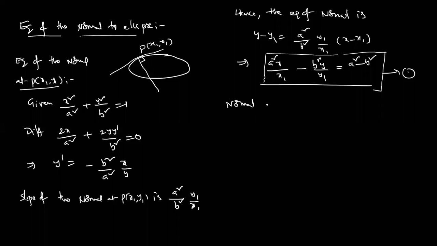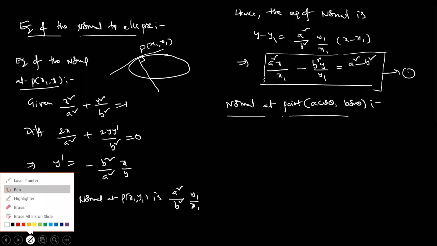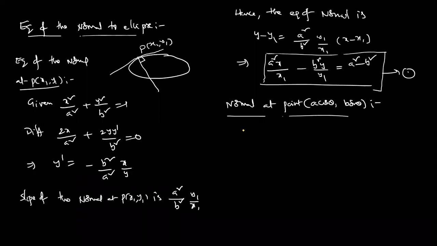Normal at the point a cos theta, b sin theta: the equation of the normal in parametric form. What to do here? Replace x1 by a cos theta and y1 by b sin theta in equation 1. What result do we get?